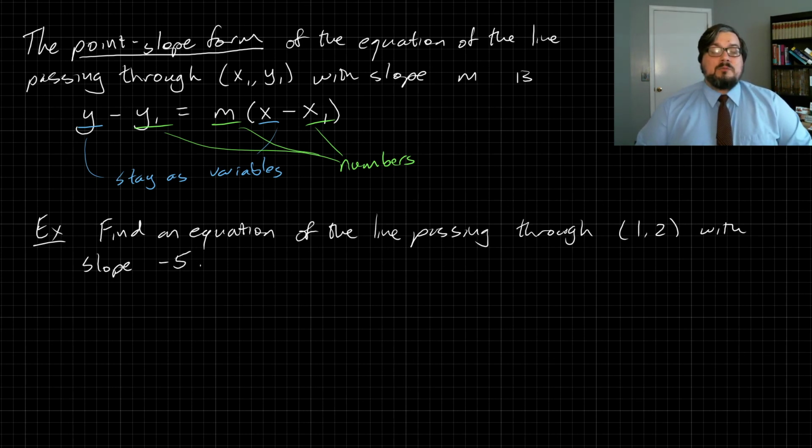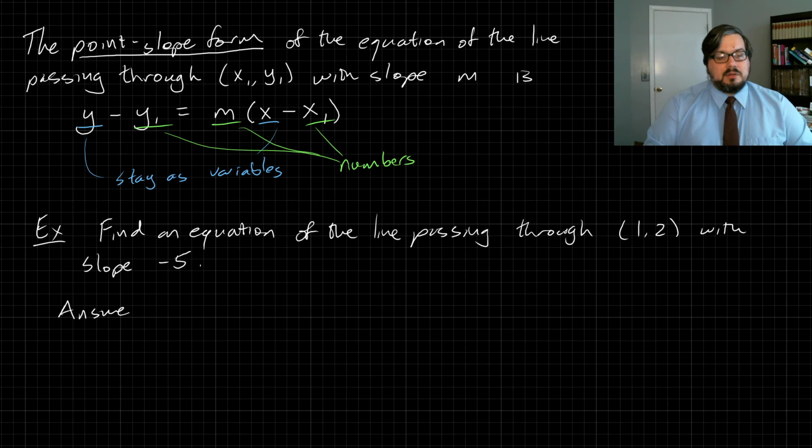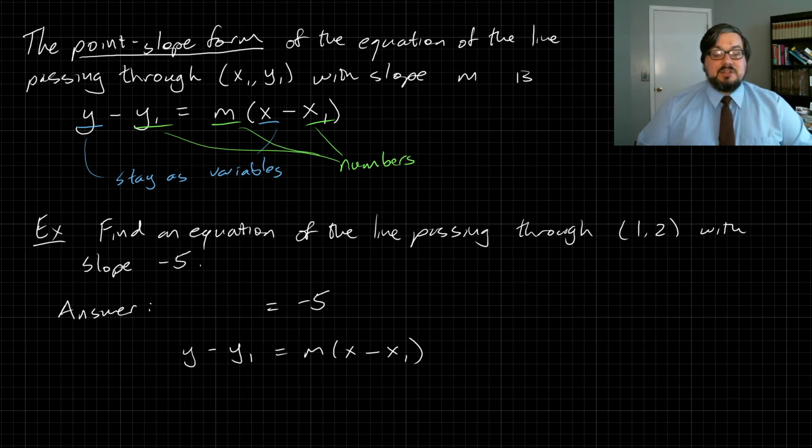With the point-slope form, this question is really easy to answer. We're going to use the form y minus y1 equals m times x minus x1. Now, in this problem, the slope has been given to us. The slope is negative 5. So there we go.